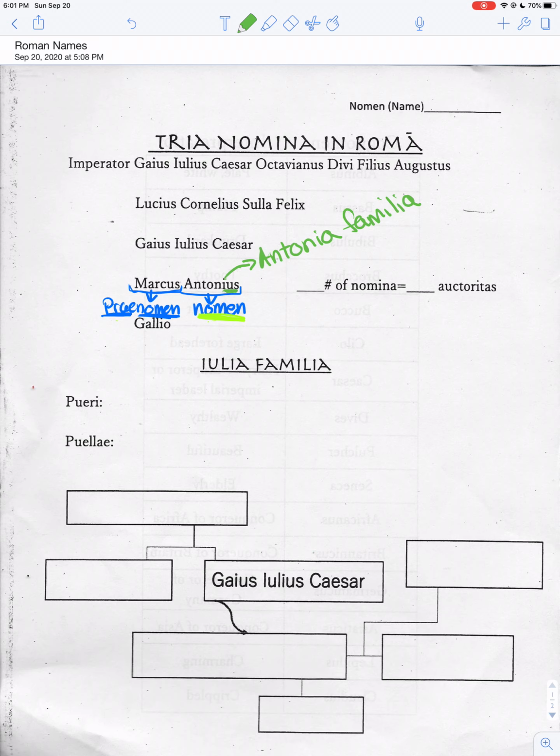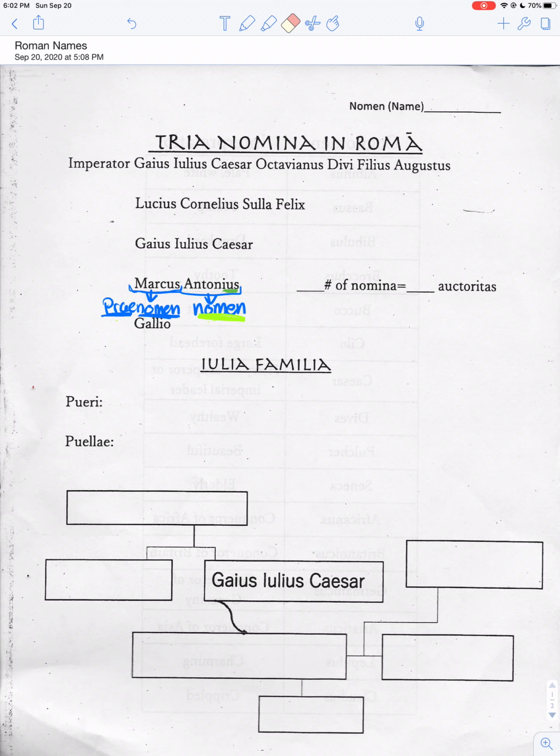And when adjectives agree with nouns, they agree in case, number, and gender. So Antonia and familia have to agree in case, number, and gender, making Antonia feminine. And then it turns into masculine when you're talking about a man or a male in the family.